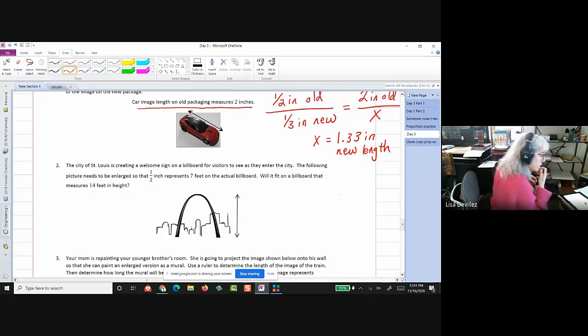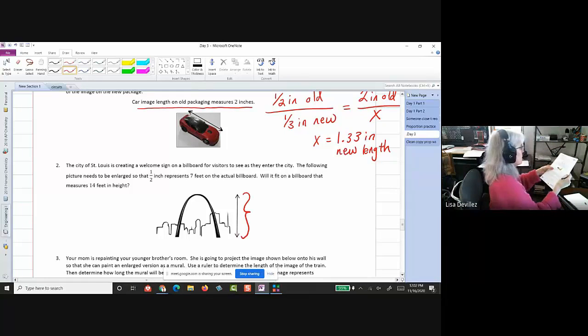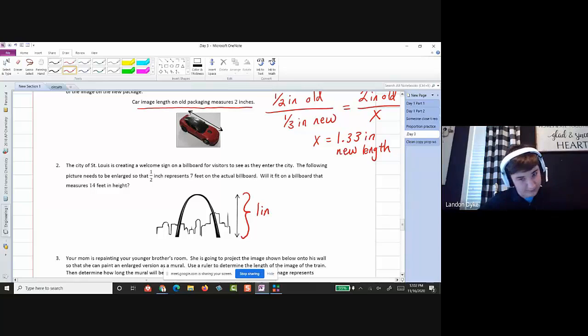Okay, so this dimension here, if you measure it on the paper, I can't measure it on the computer screen because it's enlarged, but on the printout, that measures 1 inch on the drawing.